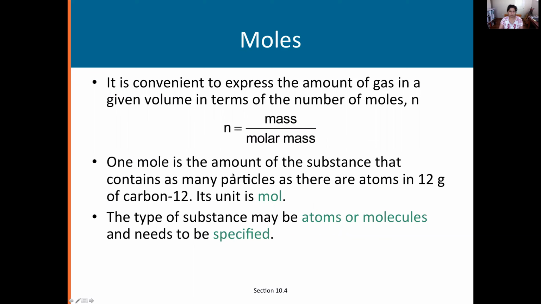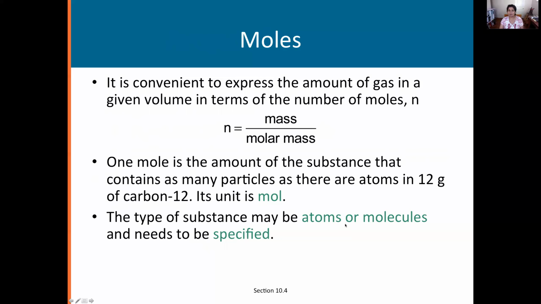So 1 mole is the amount of substance that contains as many particles as there are in 12 grams of carbon 12. Its unit is mole. It's written as mol. Sometimes it can be written mole, but in short, it could be written mol. The type of substance may be an atom or a molecule and needs to be specified.